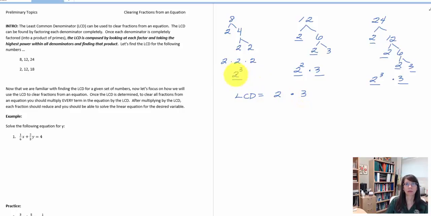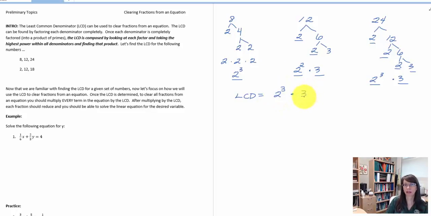I have 2 to the power of 3 compared with 2 to the power of 2 compared with 2 to the power of 3. So starting with our factor of 2, I can see that power of 3 is the highest power for that factor. So I need to include the highest power when I'm composing my LCD.